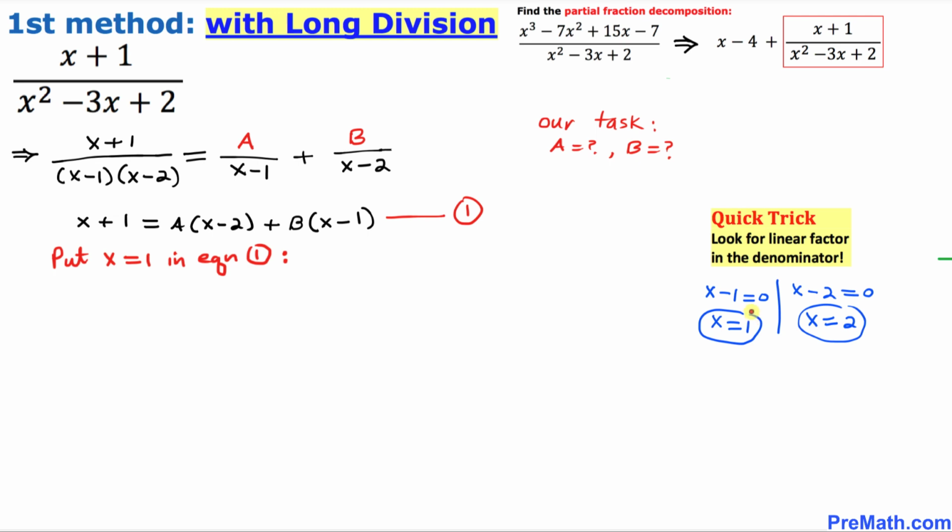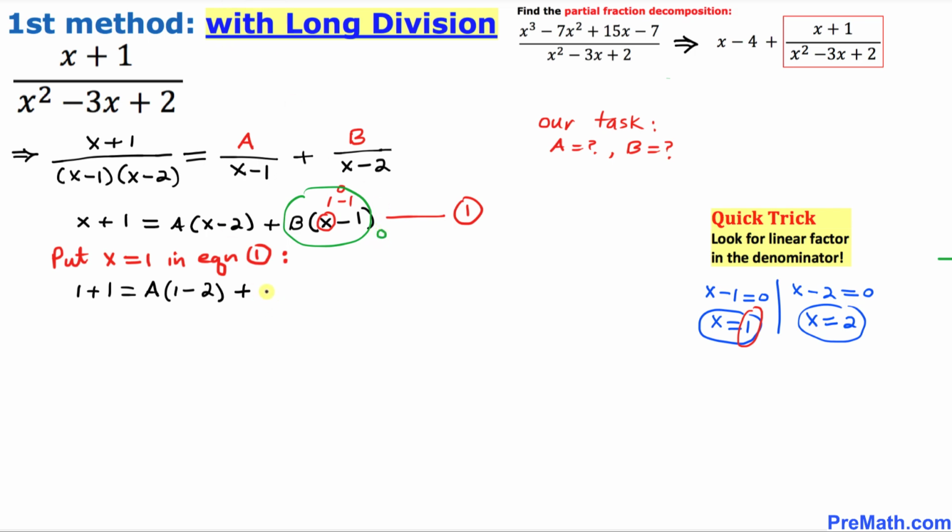And now let's focus on the first value, x equal to 1. Put x equal to 1 in this equation 1. That means wherever we see x, I am going to replace it by 1. The left hand side becomes 1 plus 1 equal to a times 1 minus 2, and then over here, when I replace this x by 1, 1 minus 1 is 0, which means this whole term is going to become 0.